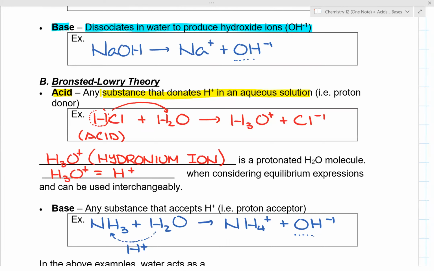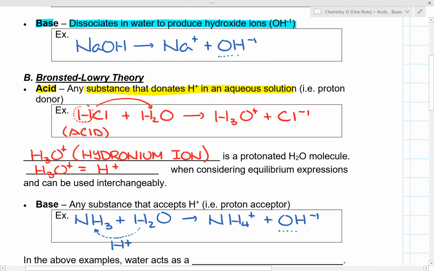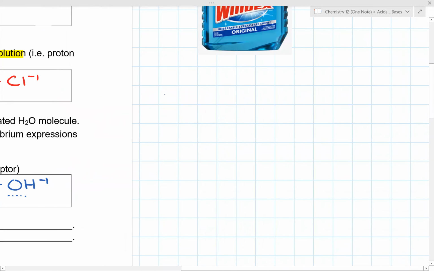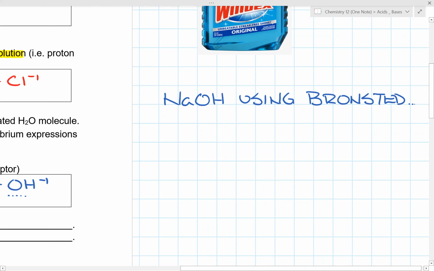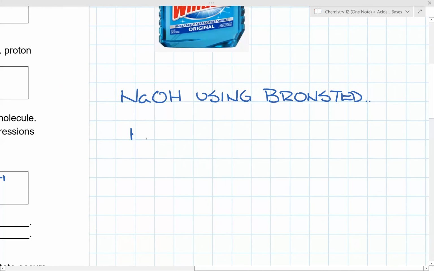All right. Now, some of you might say, well, Mr. Chan, how would sodium hydroxide be explained using Bronsted-Lowry? The first thing you have to recognize is sodium hydroxide is an ionic solid, so it breaks apart to sodium plus 1 and OH minus 1.